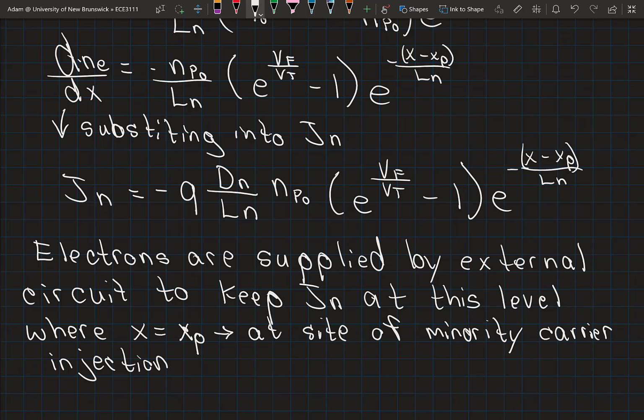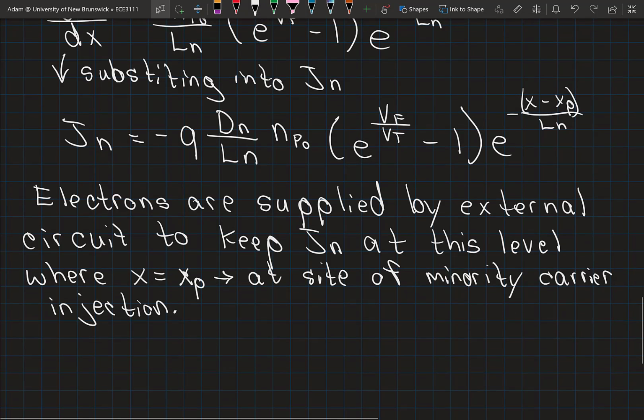So if we evaluate the current density at that edge and accept that that current density is the current that's being injected by the external circuit, then we can define the current density at the terminals as equal to this current density when x is equal to xp, so at the edge.